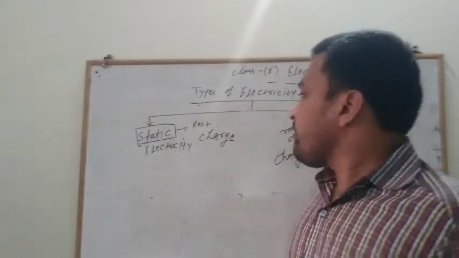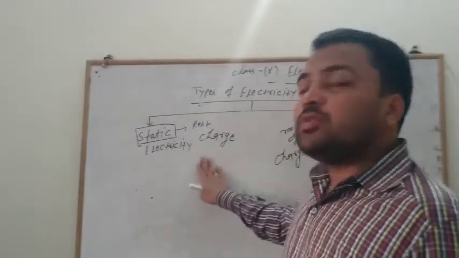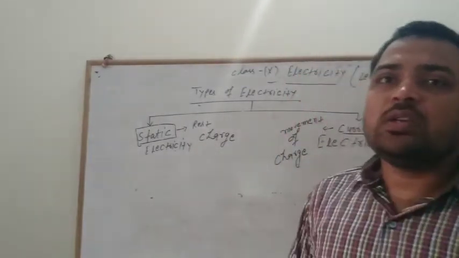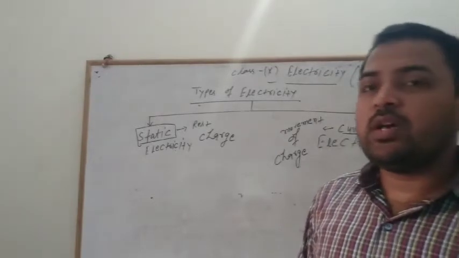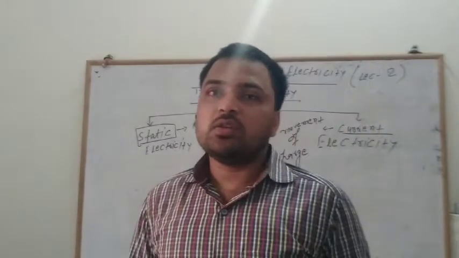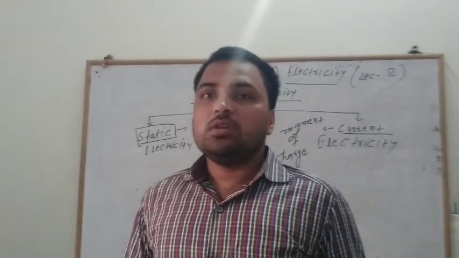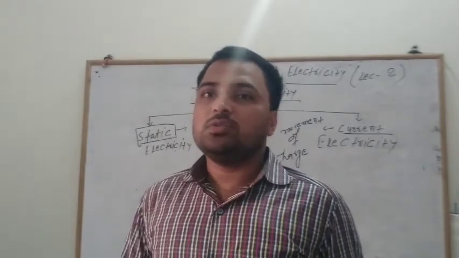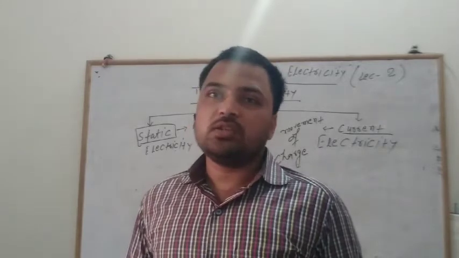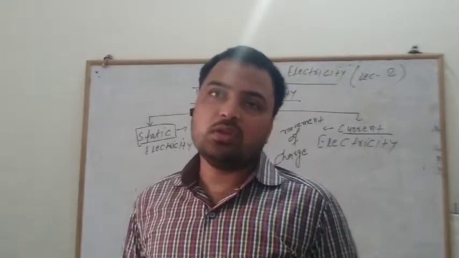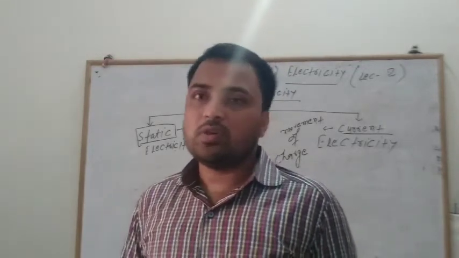Before these discussions, we will understand some phenomena, that is how the imbalance of charge, or the imbalance of electrons, creates a charged body, or develops some charge on any system or any body.